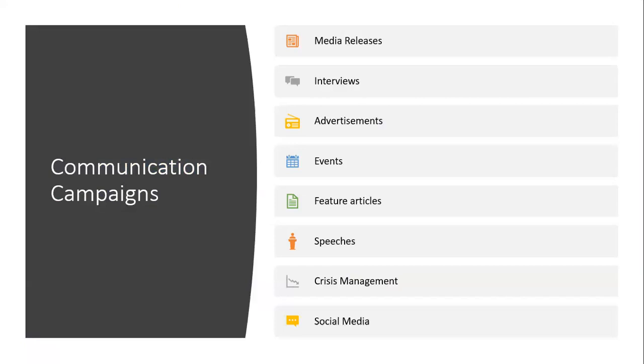So we talked a lot in the first two webinars about messaging, developing your key messages, and design within a particular context. So hopefully you're not designing in a vacuum, but your designs form part of a communication campaign. And a campaign, because information needs to be disseminated in different ways, and also it needs to be repeated over a period of time.